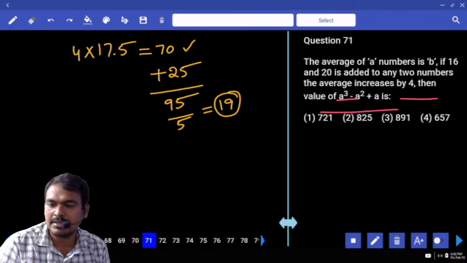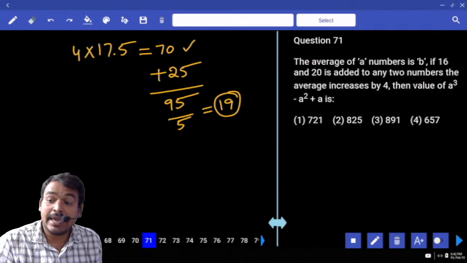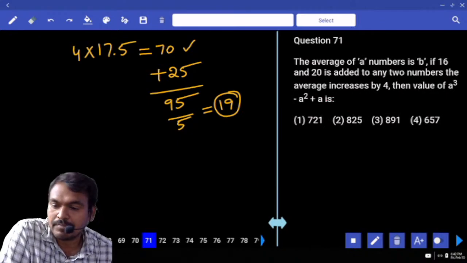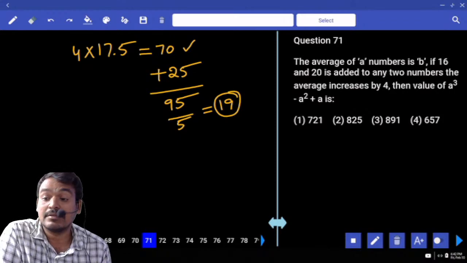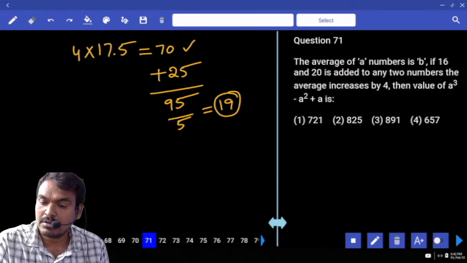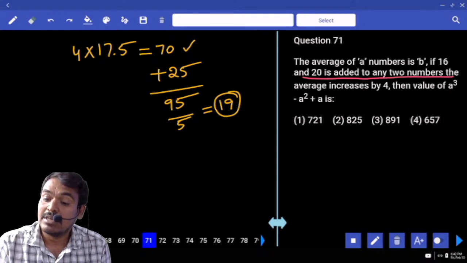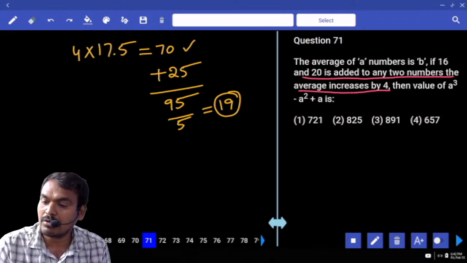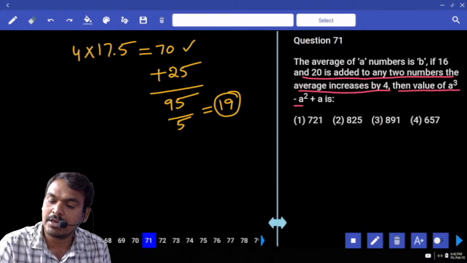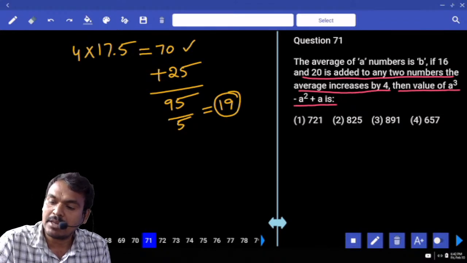Next, question number 71. The average of A numbers is B. If 16 and 20 are added to any 2 numbers, the average increases by 4. What is the question here? Find the value of A cube minus A square plus A. Here A means the number of observations.